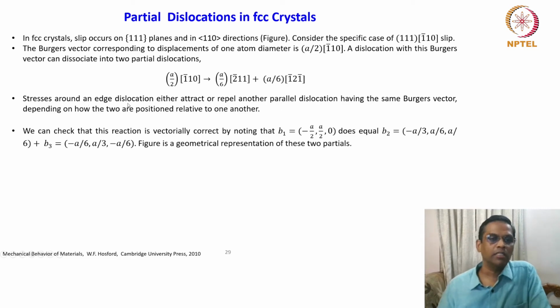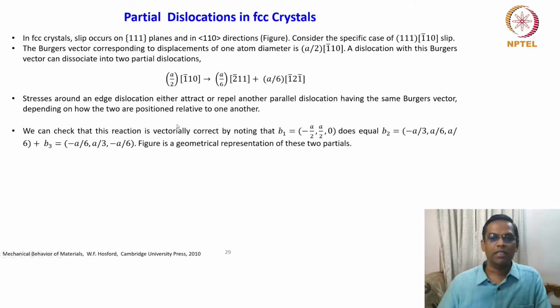Stresses around an edge dislocation either attract or repel another parallel dislocation having the same Burgers vector, depending upon how the two are positioned relative to each other. This we will also see. There may be considerations on energy, but the orientation will also matter sometimes. We will see why.